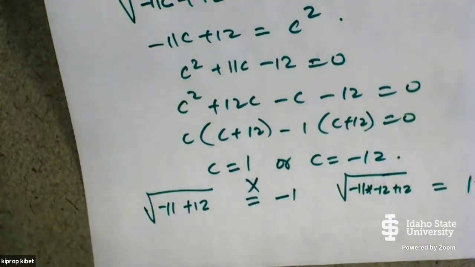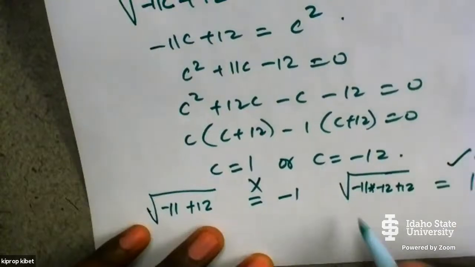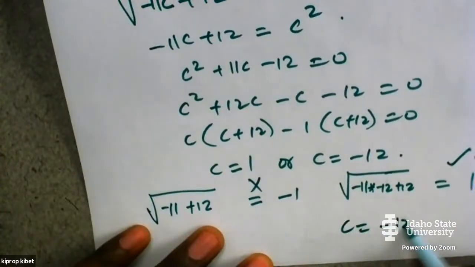Minus 11 times minus 12 is 132. Plus 12 is 144. What is the square root of 144? 12. So our c equals minus 12.